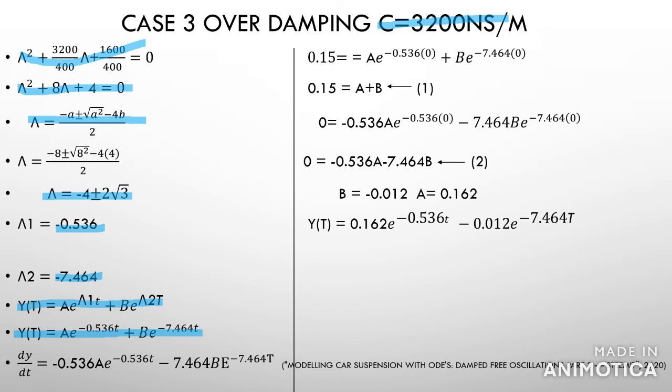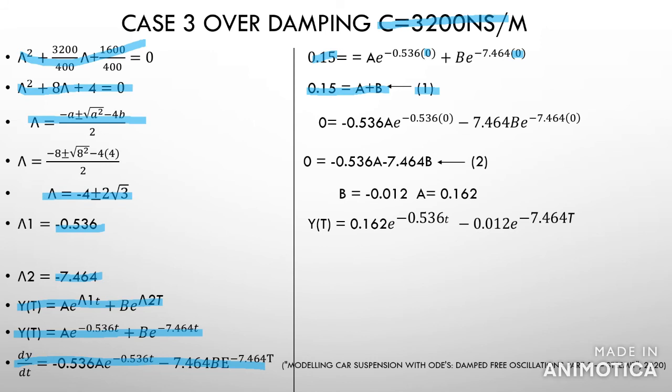So if I differentiate, I get this using the chain rule, and substitute my values for the initial conditions. So at t equals 0, y equals 0.15, and I get a plus b equals 0.15, which is my first equation, because later on I will need to do simultaneous equations.